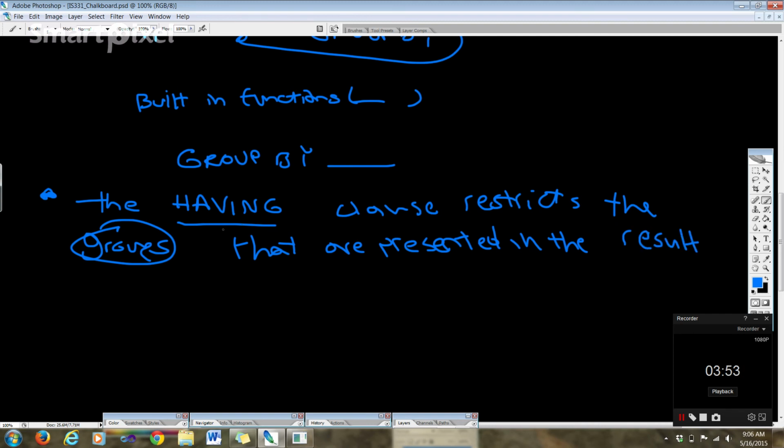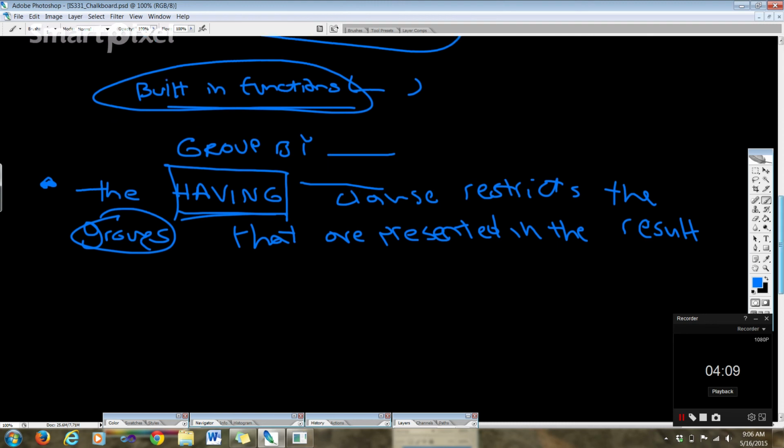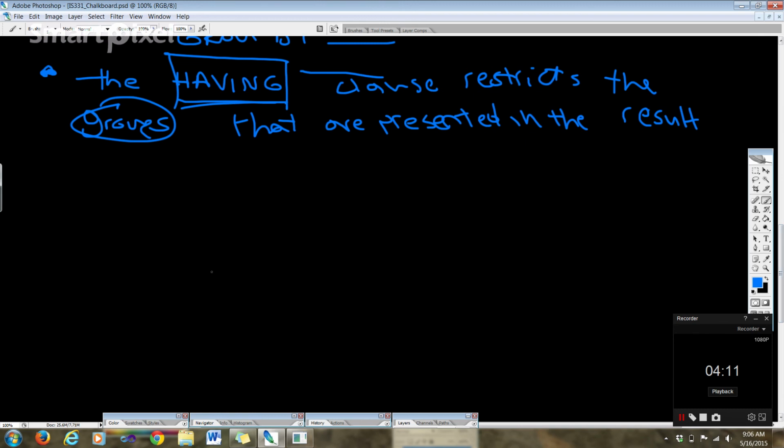And so the having is basically the where clause of the group by clause, right? But there's a distinction. Having specifies groups, and after having is when you put any restrictions that contain built-in functions, because you can't put them in the where clause, remember. So that's a very key distinction.